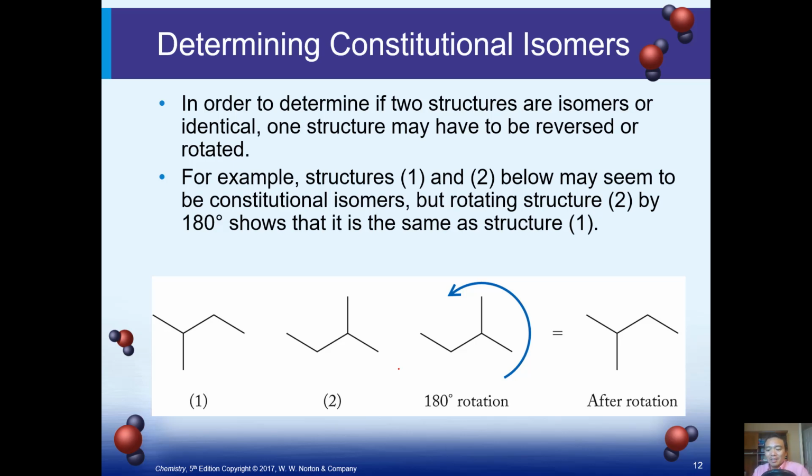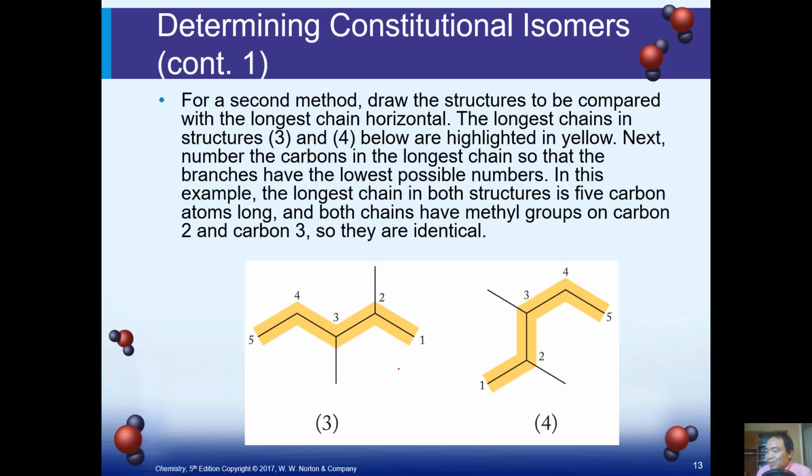The second method is to number the carbons on the structure. For a more complicated case, as you see in structure 3, we can number the carbons on the longest carbon chain, as highlighted on the left side. We number this as 1 because if you start 1 on the left side, the first branch, which is not part of the main chain, will not have the lowest possible number.